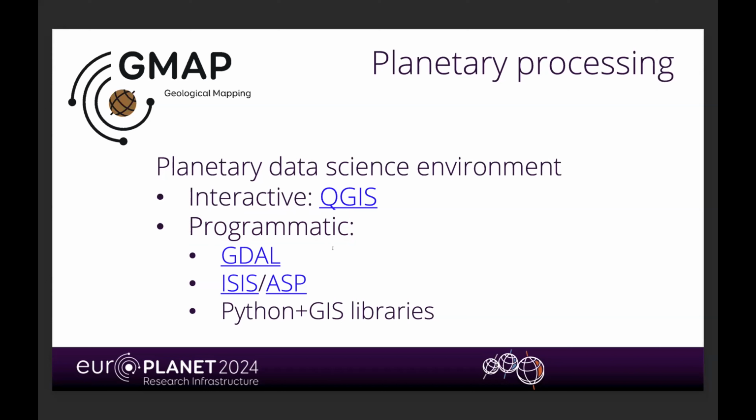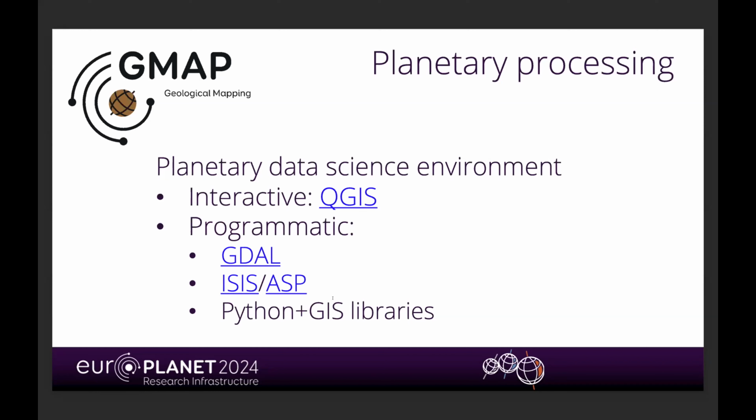It may be known, probably known to all of you, the GDAL library for spatial data processing. And when we get into planetary data processing, we need a couple of toolboxes that know about the telescopes and, so to say, Martian and moon data, and those are ISIS, for instance, and the ASP, the Stereo Pipeline, which are also command line tools.